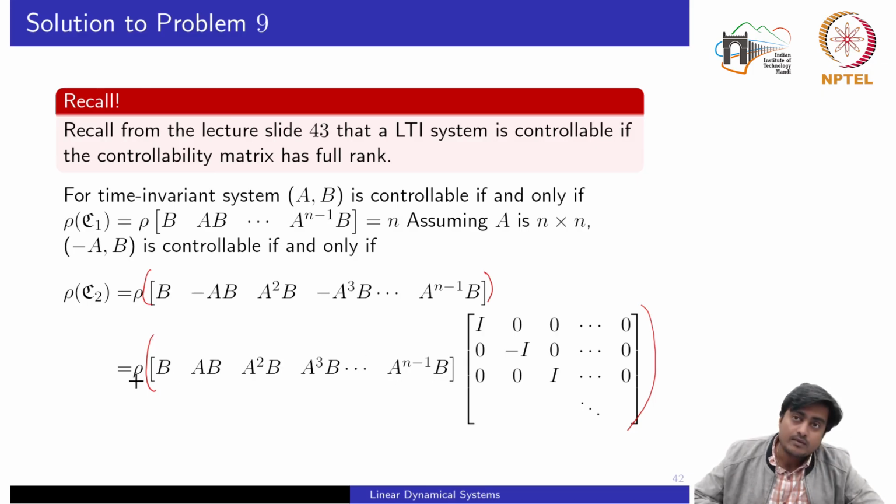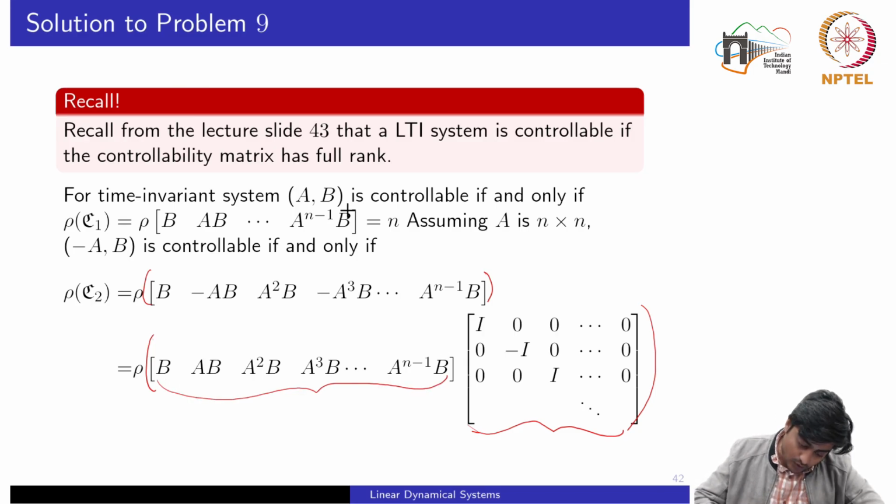Now this is basically to compute the rank. If you recall the previous result, this matrix is a non-singular matrix, and this matrix we already know is controllable, so its rank is equal to n.